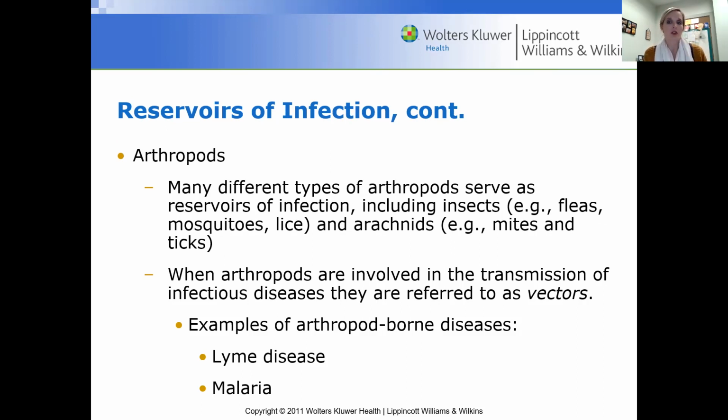So if you ever hear the term vector, I am still talking about reservoirs, but I'm specifically referring to insects being those reservoirs. So arthropod-borne diseases, Lyme disease that I was just talking about, that's spread by deer ticks. Again, the deer tick is the vector in that example.